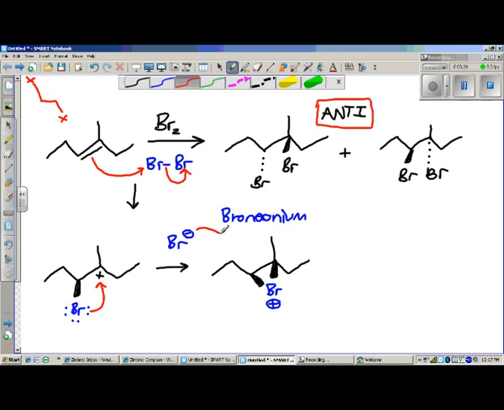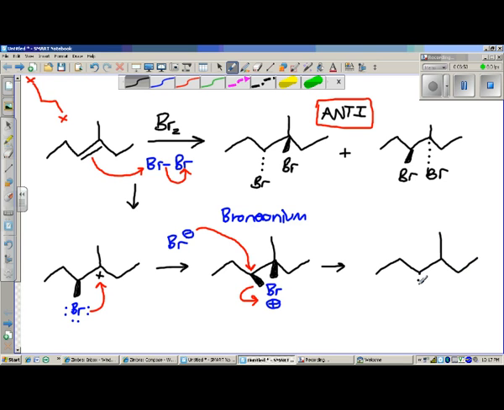So let's say it's going to attack this carbon. Alright? If that bromine attacks that carbon, carbon, as we know, can only form 4 bonds, so that bond is going to break. And what we've done is, if I just draw out the carbon skeleton again, what I've done is I've added another bromine onto this carbon, but it came in from the bottom.